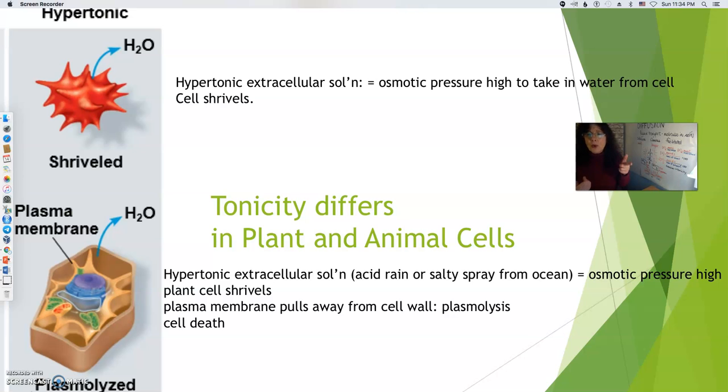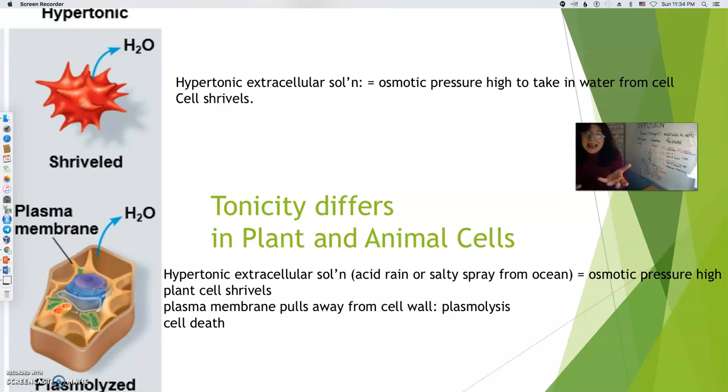That makes the rainwater that this plant takes in through its roots a hypertonic solution. In that case, the osmotic pressure on that hypertonic solution is to take water in from plant cells in order to try to equilibrate that hypertonic condition.